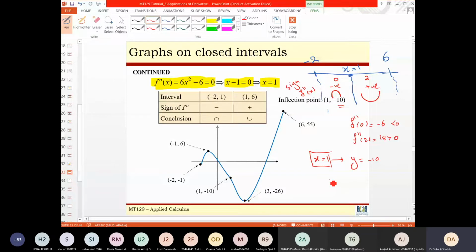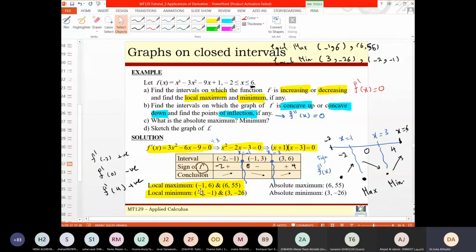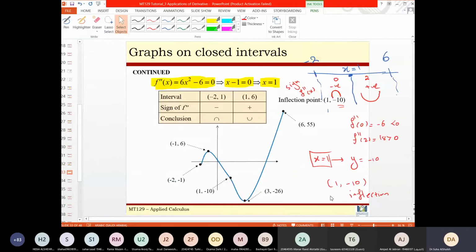So the point 1 and -10 is an inflection point. Now I collect all the points. Here I have 4 points, local maximum and local minimum, and one of them is the absolute maximum, one of them is the absolute minimum. And then I draw the inflection point as well, the point 1 and -10, and I draw the curve.